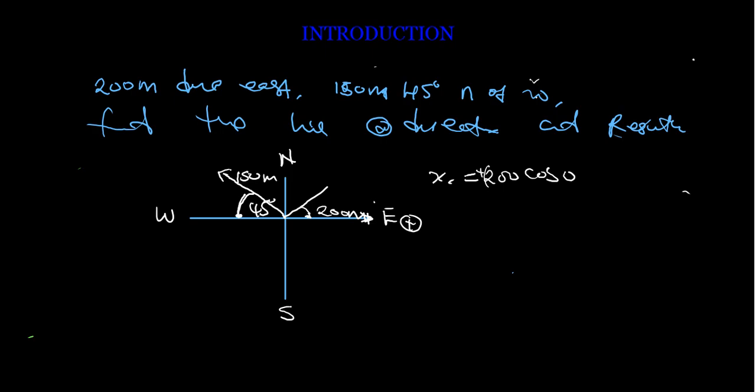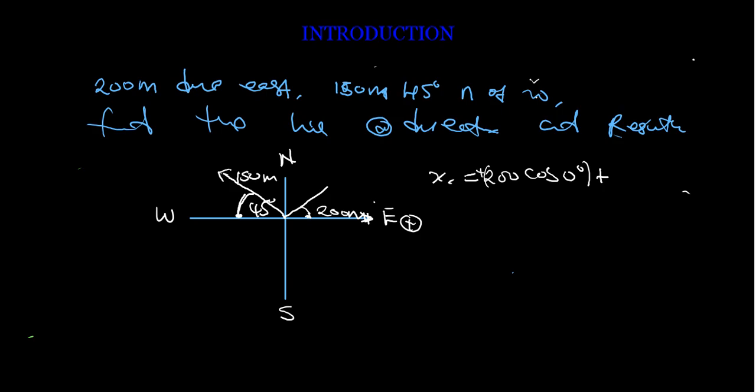If I say due north, that's 90, due west is 180, due south is 270. Due is just within that given pole. So this is now 0 degrees. Then I'm adding everything for x of all the vectors given.